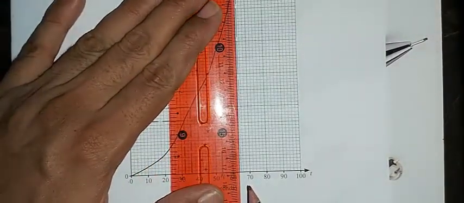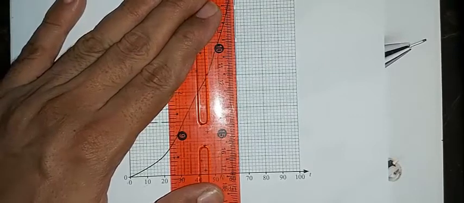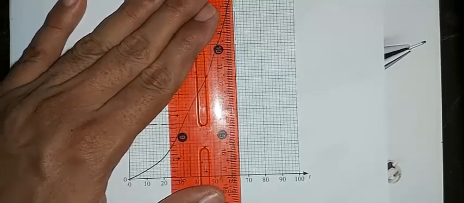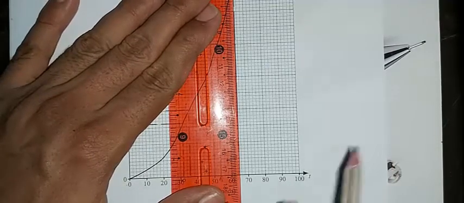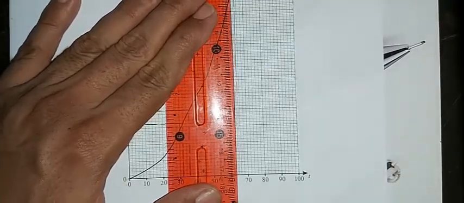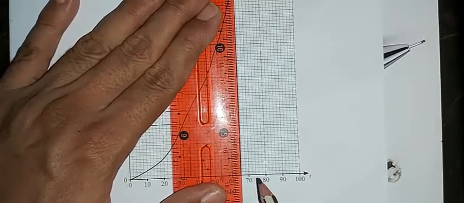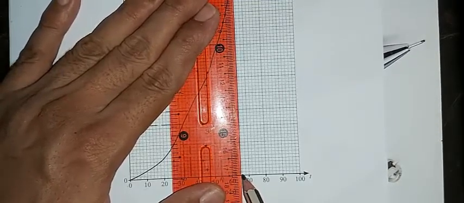It's very close to this line. We made it here.